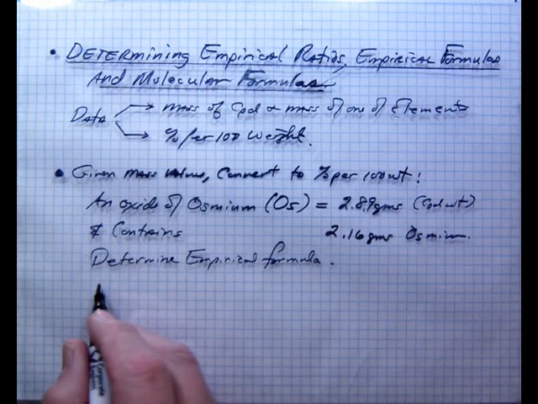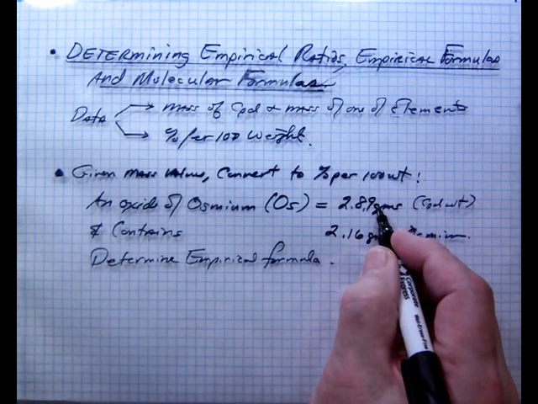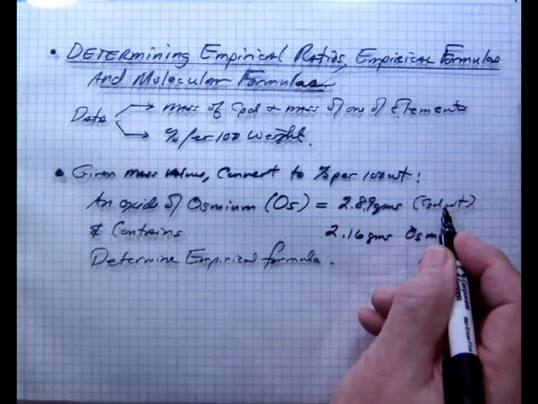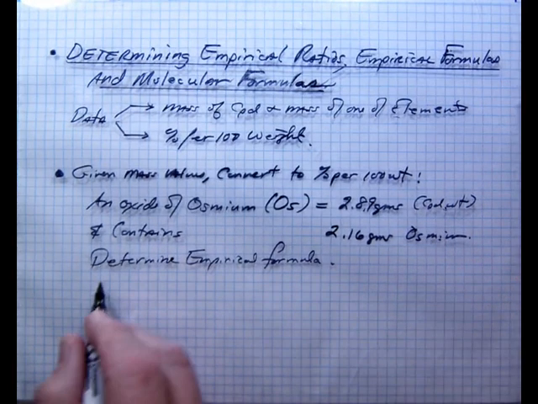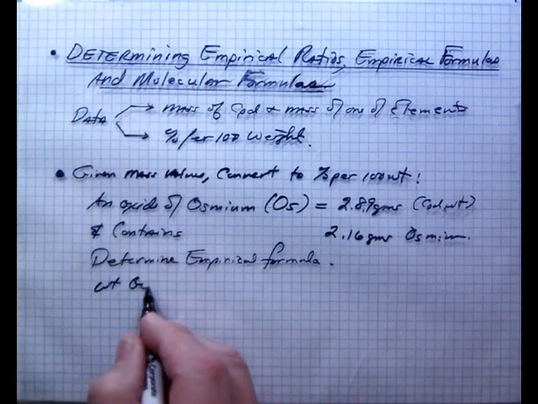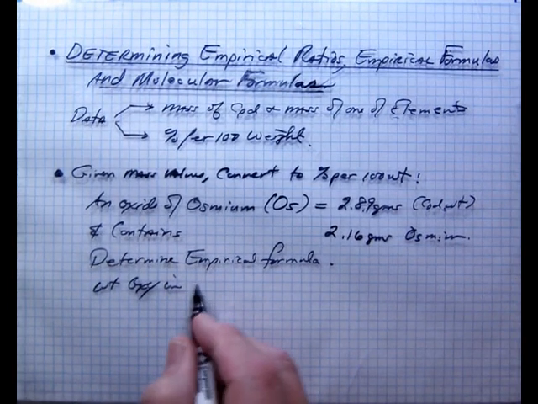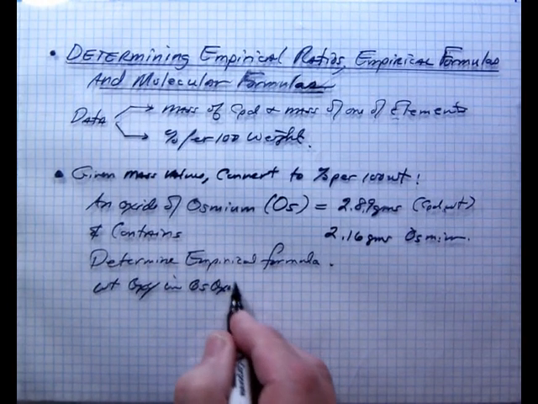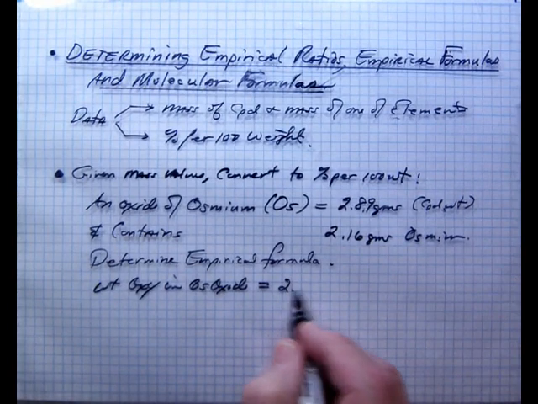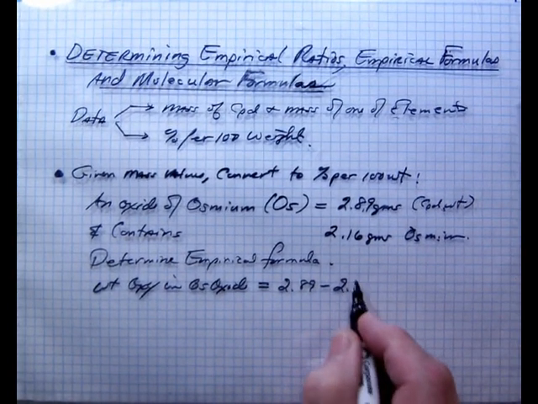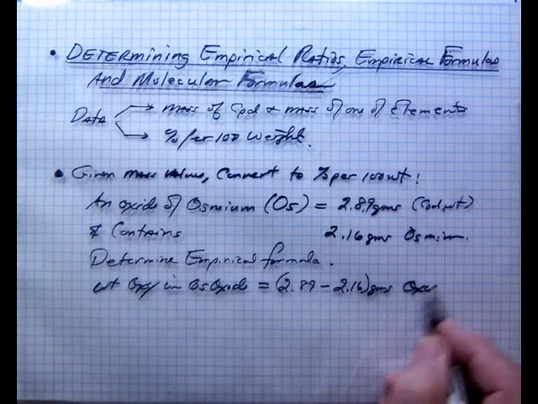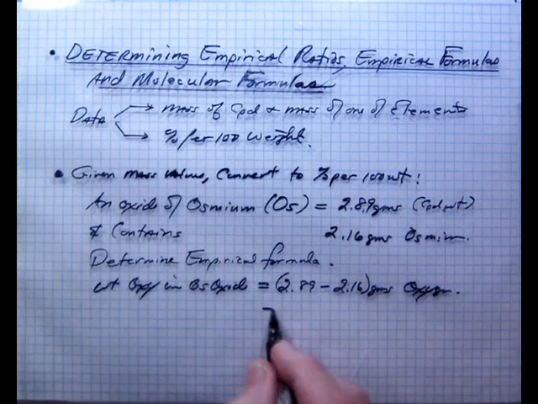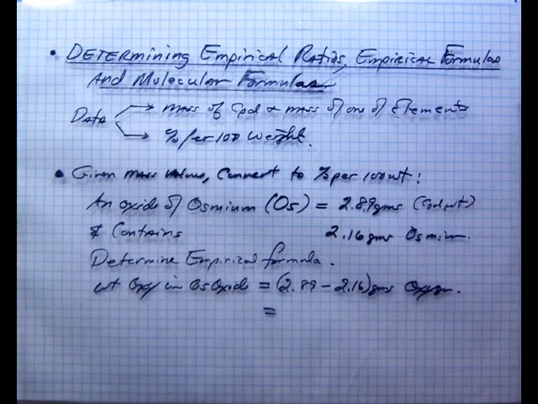So if I took the 2.89, the compound weight, minus the osmium, what's left? Oxygen. So the weight of oxygen in osmium oxide is equal to 2.89 minus 2.16 grams of oxygen in that problem.